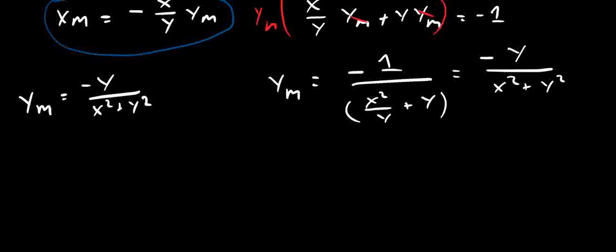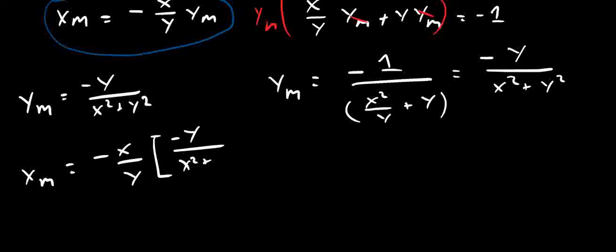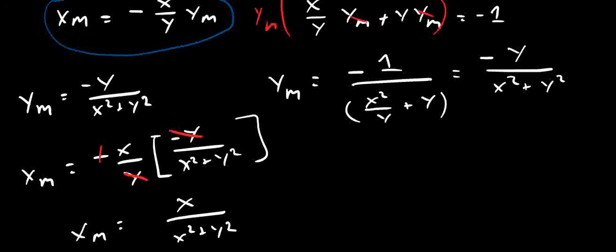Now we can use this ym to solve for xm. xm is going to equal minus x divided by y times ym, which is negative y divided by x squared plus y squared. And here we can see that this negative y and this negative y are going to cancel, and we're going to get that xm is equal to x divided by x squared plus y squared.